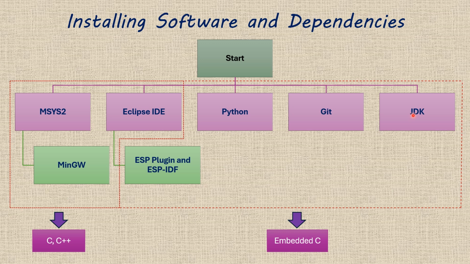The JDK software, the Java Development Kit, is a distribution of Java technology by Oracle Corporation. It implements the Java language specification and the Java virtual machine specification, and provides the standard edition of the Java application programming interface. The ESP-IDF plugin and ESP-IDF are the official IoT development framework for the ESP32, ESP32-S, ESP32-C, and ESP32-H series of SoCs.